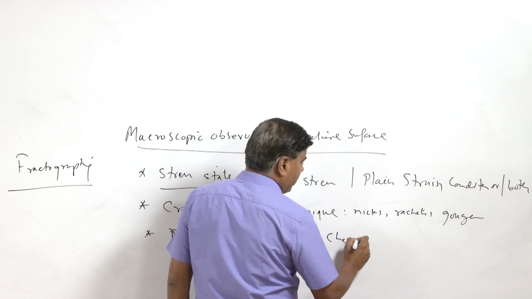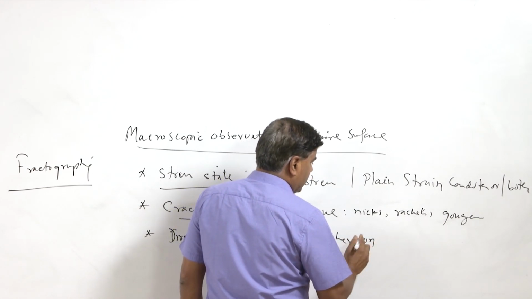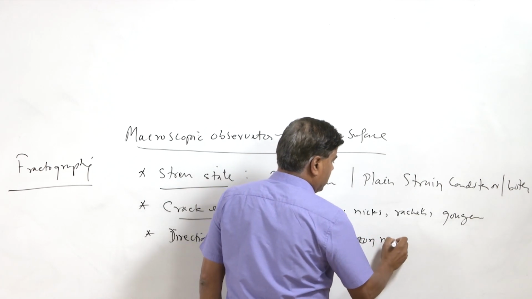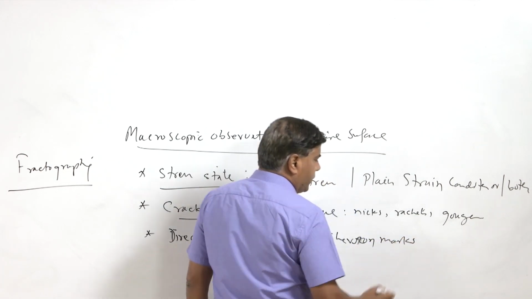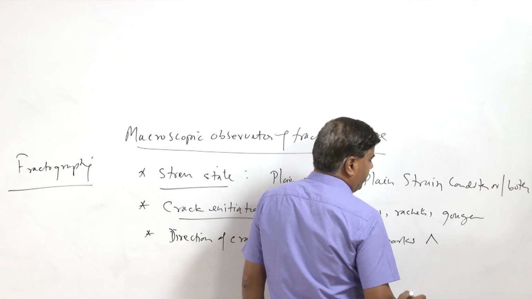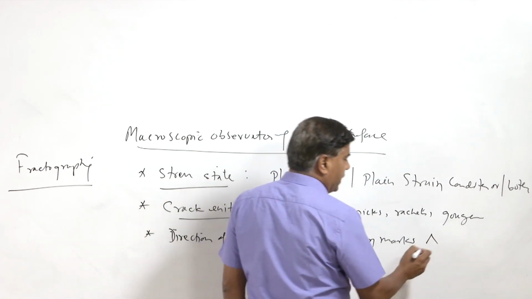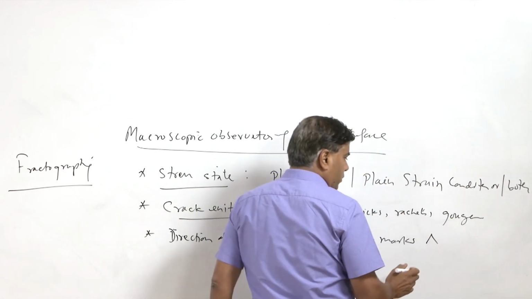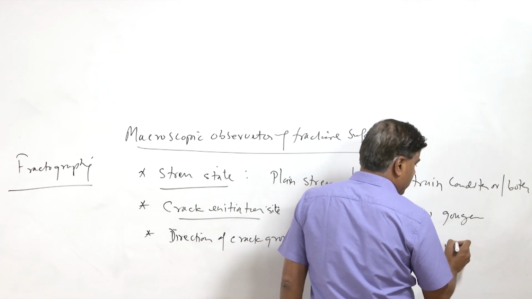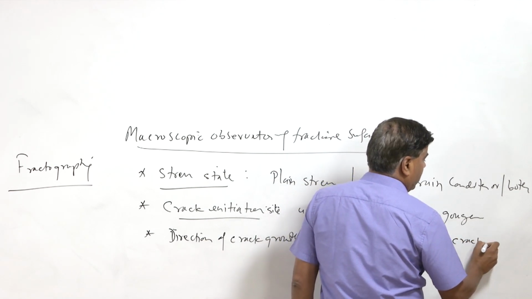One is chevron marks. These are inverted V shape features which indicate the direction in which the crack has grown, and then we have the crack arrest lines.